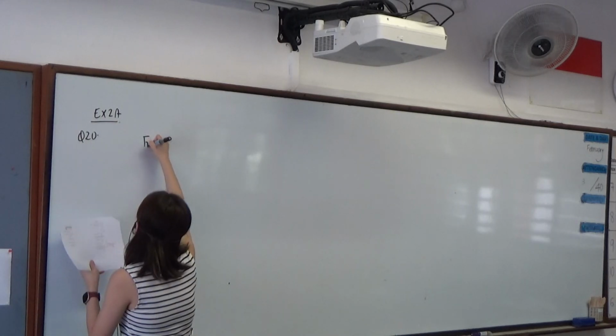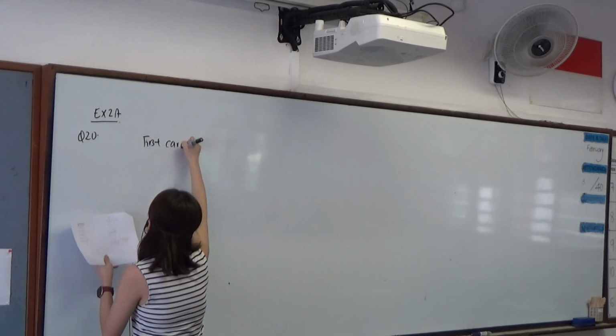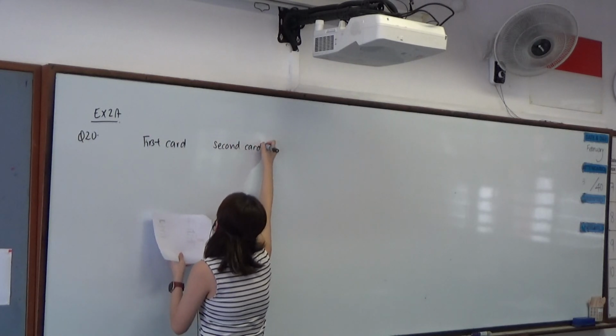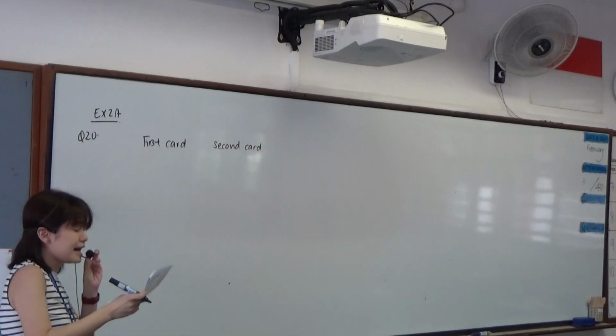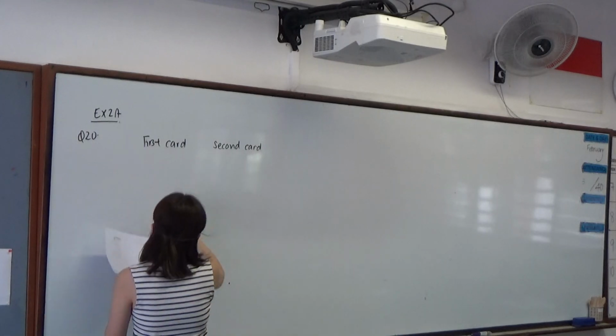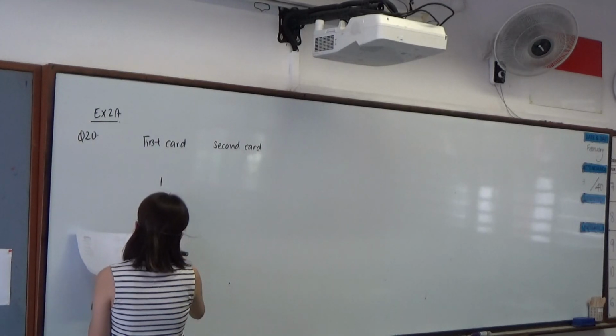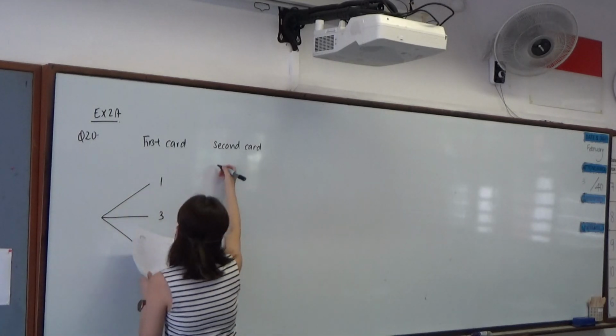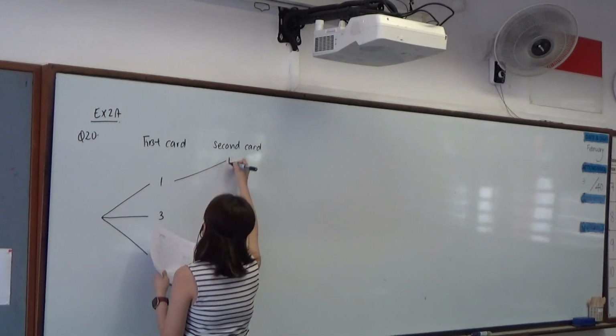For our tree diagram drawing, please make sure you have headers, which many of you don't. So first cut, second cut, these headers are missing, and then 1, 3, 5 is narrow. And then for the second cut will be 1, 2, and 7.